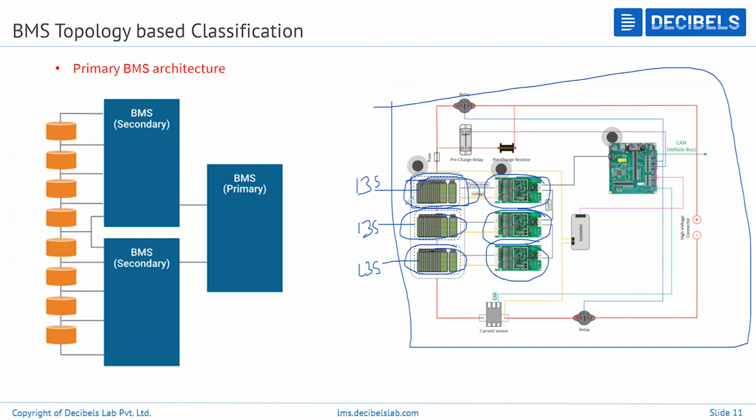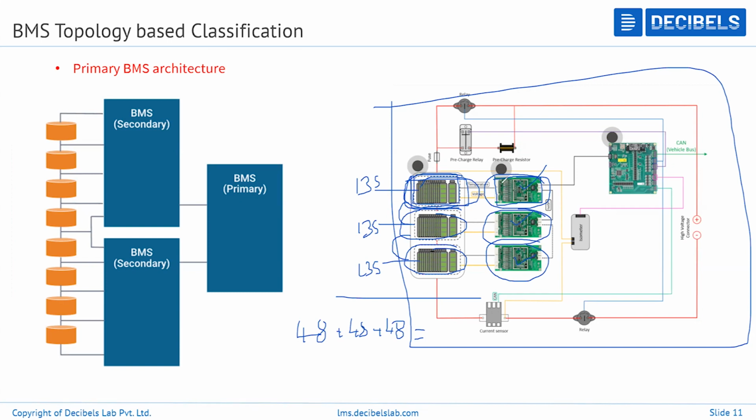Each module may be connected in series, so in total it may be, let's say, 48 plus 48 plus 48. Whatever voltage we get will be the total voltage if you connect the whole modules in series. So each AFE, this BMS, you can call it the slave BMS, is for the module level.